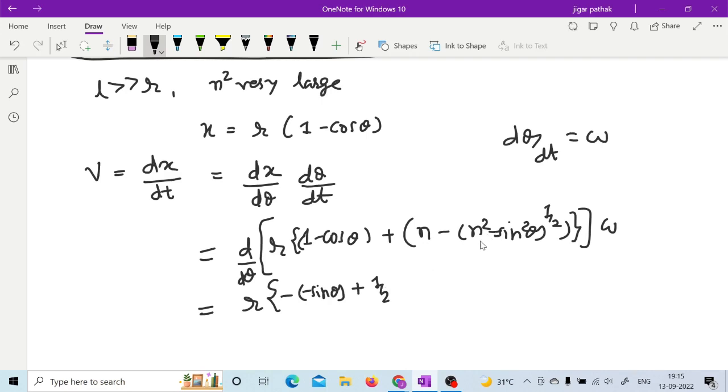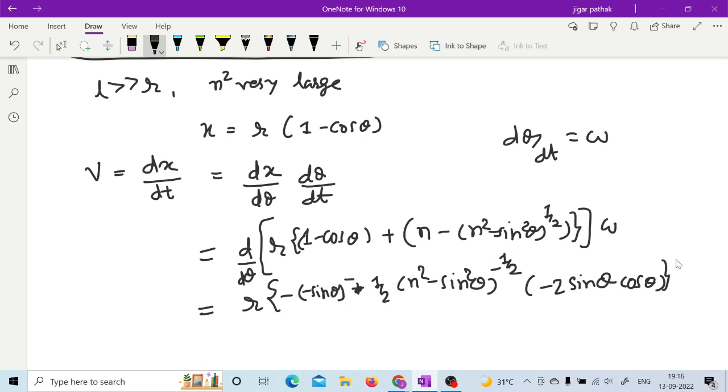For the term minus n square minus sine square theta raised to 1 by 2, it will be minus 1 by 2 n square minus sine square theta raised to 1 by 2 minus 1, which is minus 1 by 2. And differentiation of minus sine square theta will be minus 2 sine theta cos theta. So this is how you will have your differentiation.